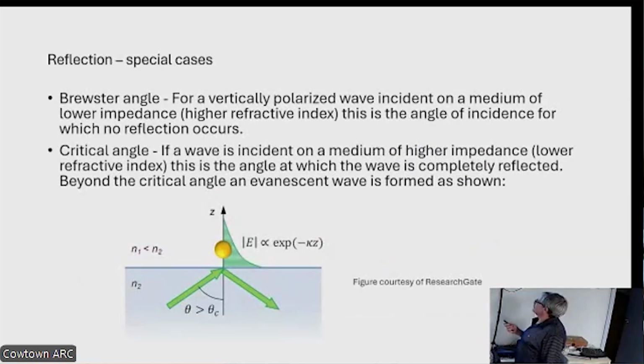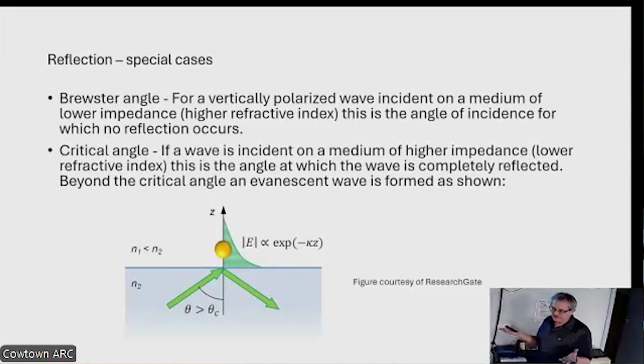Okay, there's some interesting things that happen here that sometimes you'll hear about. There's one called Brewster angle. So for a wave that's incident, that's vertically polarized onto that planar interface at just the right incident angle, there's no reflection. The wave does not reflect, it only transmits.